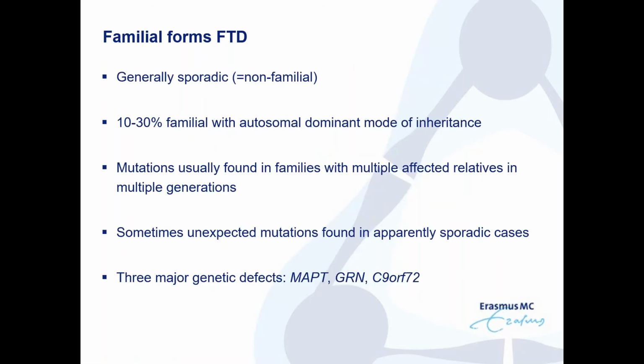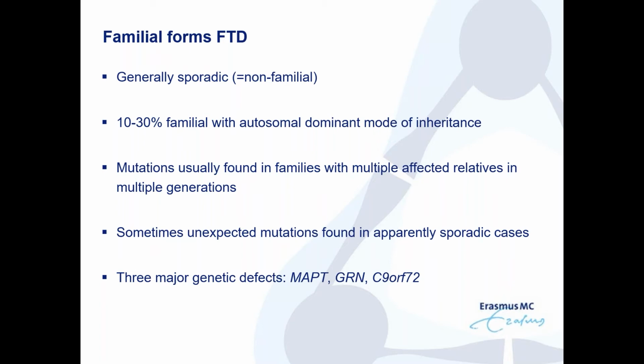So now specifically for FTD, as I said before, FTD is usually a sporadic disease. This means that one person has the disease and no other family members are affected. However, in 10 to 30%, there's a genetic mutation that causes it.